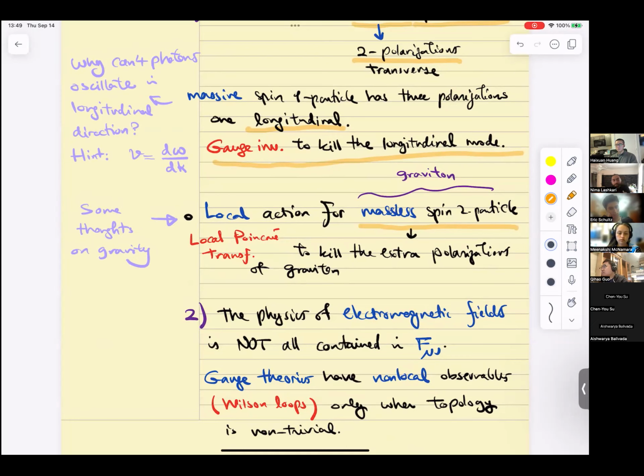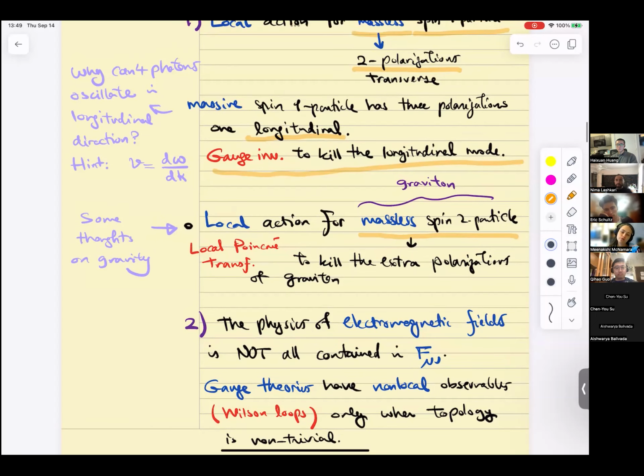So here's something to think about: maybe gravity is also very similar to gauge theory. So you have to introduce some sort of fiducial transformations to kill these extra degrees of freedom, these polarizations. It's just something for you to think about, okay?